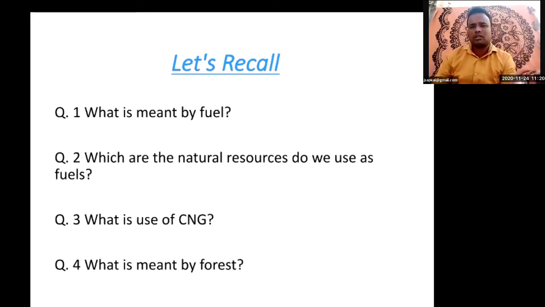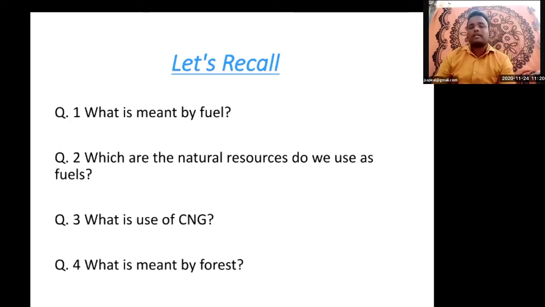It might be LPG gas, then you can use coal, electricity, or you can burn wood. These are the types of fuels. To cook food, we want a fuel from which we obtain energy or heat.